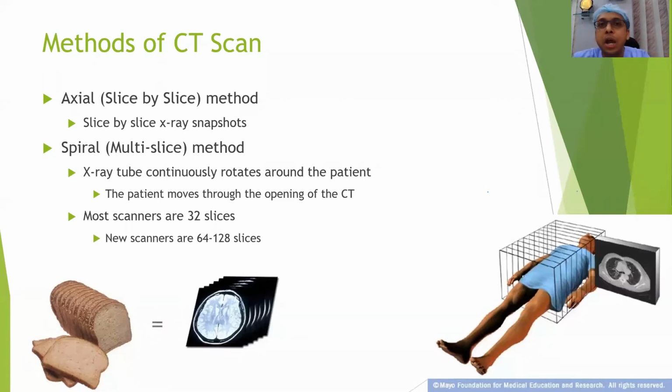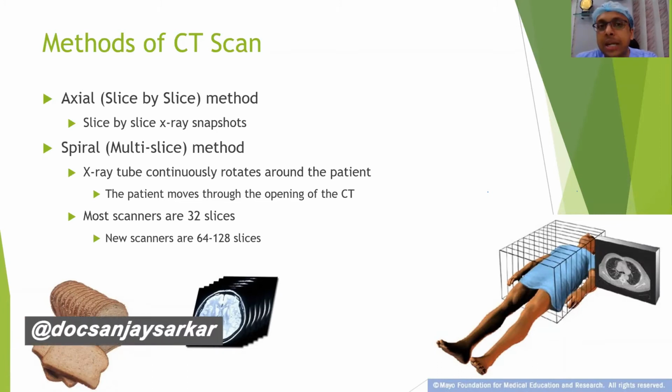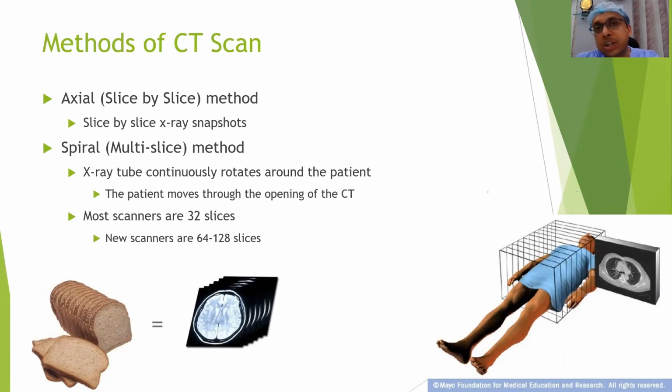So overall, do you and I need it? Probably not. Surgeons need it to decide on what type of surgery they need to perform. Also, I said I don't need it, but I actually need it for my research. My research is in the shoulder joint. I need the slice by slice method because I do muscle modeling. I'm a biomechanical scientist, or a research scientist, so I do biomechanical studies.